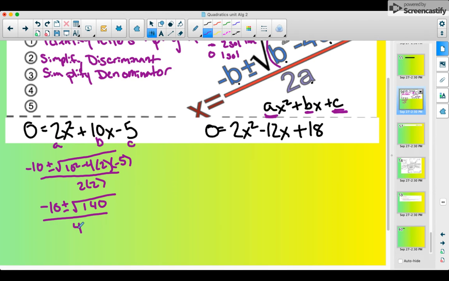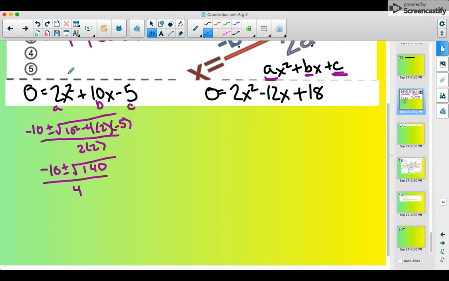Okay, once we've gotten this far and we've got everything as simple as we can, that's where we move into making 2 equations. Now, what do I mean by 2 equations? 2 equations comes from this plus or minus. So our 2 equations could be -10 plus the square root of 140 over 4.